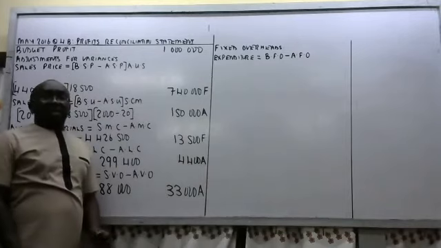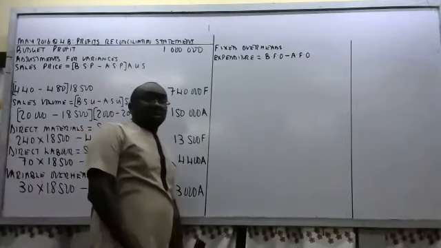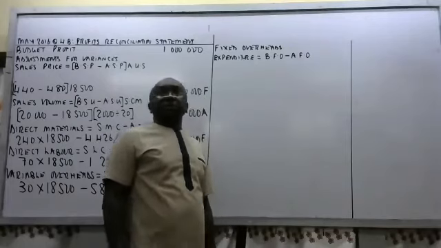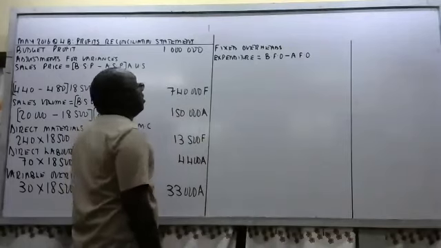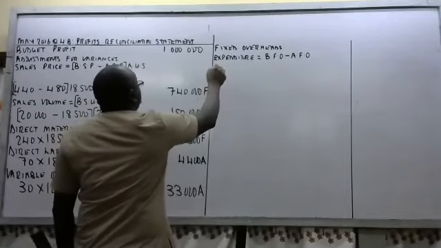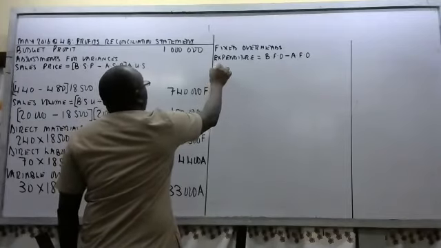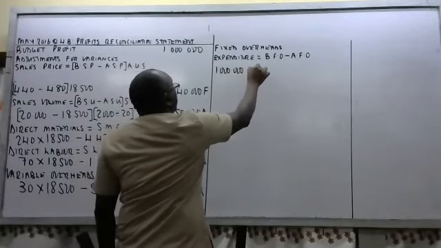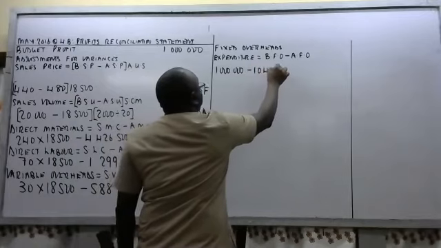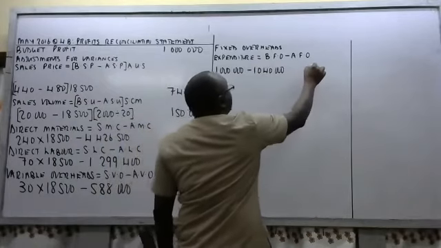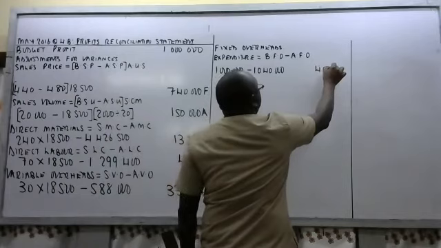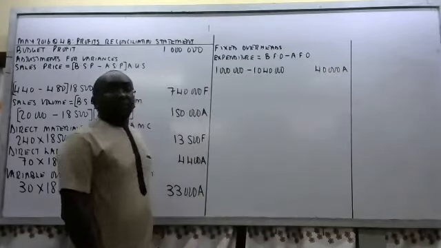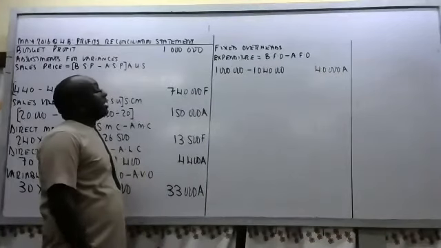Our budget was 1 million. Remember that. Our actual turned out to be 1,040,000. So that must be a variance of 40,000, which is adverse.